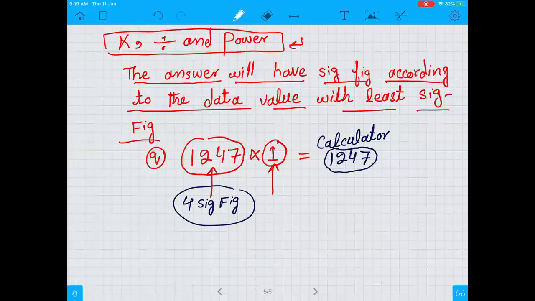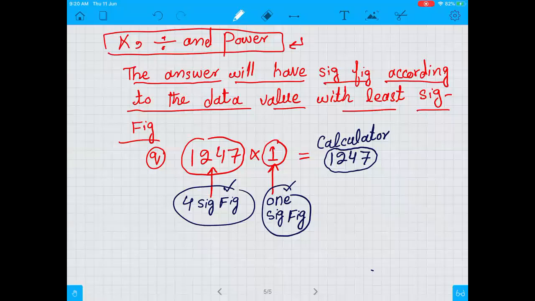This one has 1 significant figure. So this has 4 significant figures. This has 1 significant figure. The answer cannot have more than one significant figure. However, sometimes you are allowed one extra significant figure.